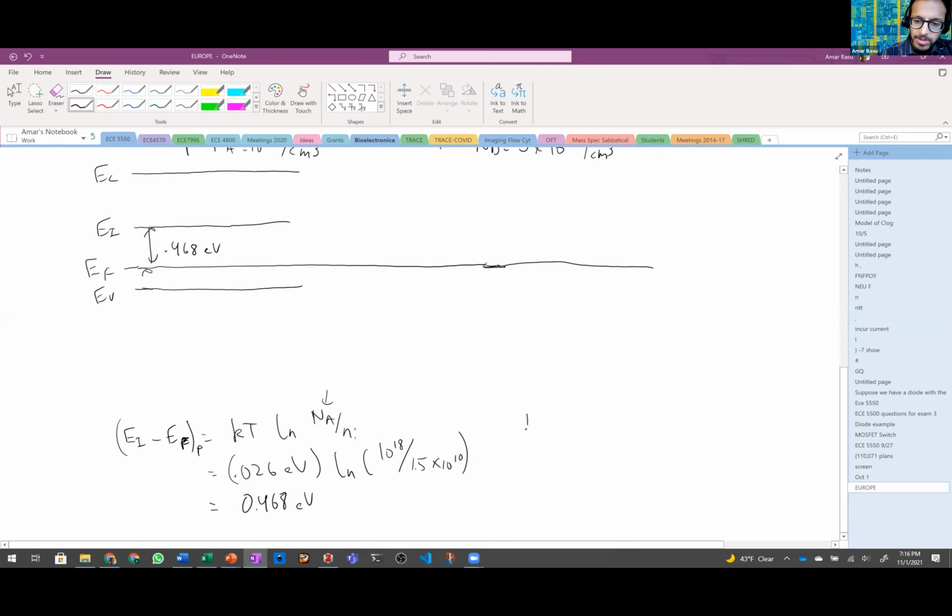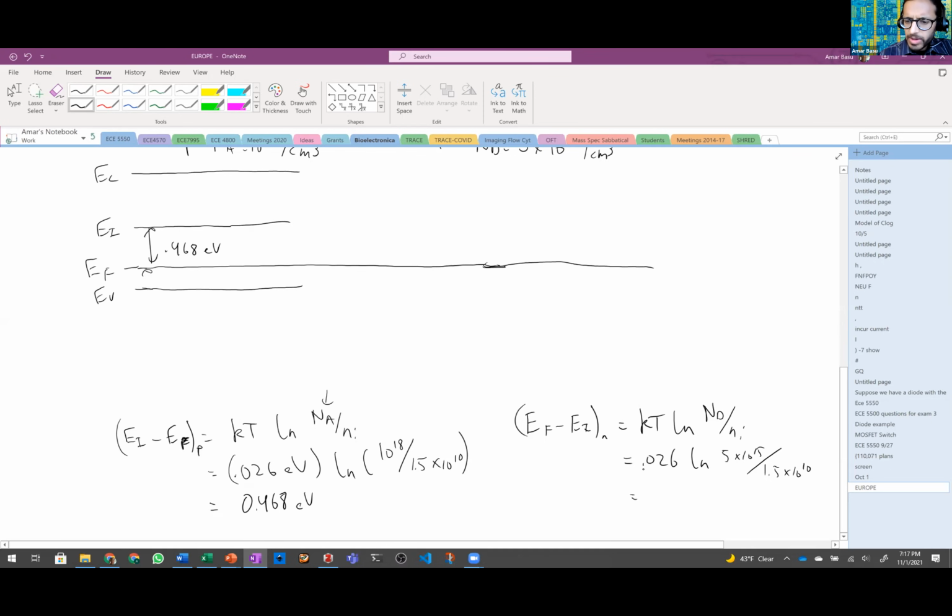In the N side of the junction, we calculate EF minus EI. This is going to be equal to KT ln of ND over NI, 0.026 ln of 5 times 10 to the 15th over 1.5 times 10 to the 10.